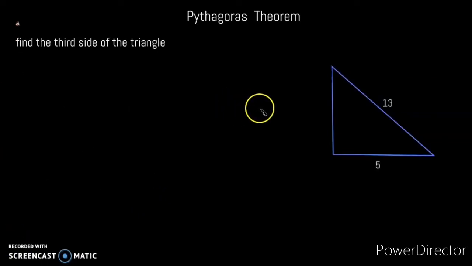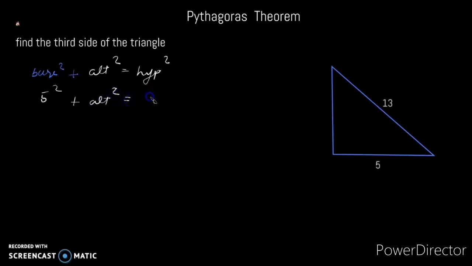Here's another question. Let's do it together. We've been given the base and the hypotenuse, and we are asked to find the third side, which is the altitude. Just like before, let's write down the formula. Base squared plus altitude squared is equal to hypotenuse squared. The base is 5, so it's 5 squared plus altitude squared, and the hypotenuse is 13, so 13 squared.